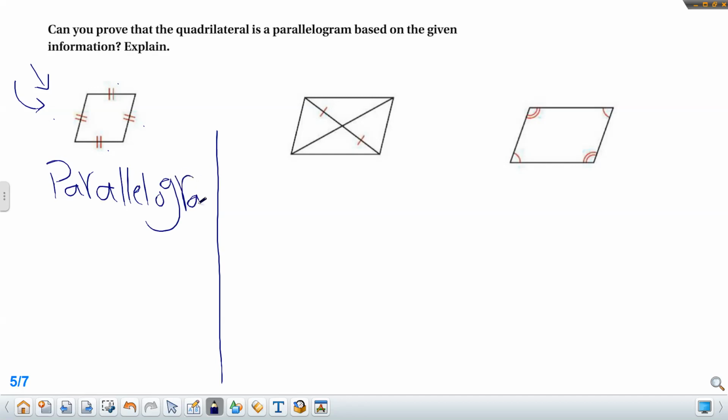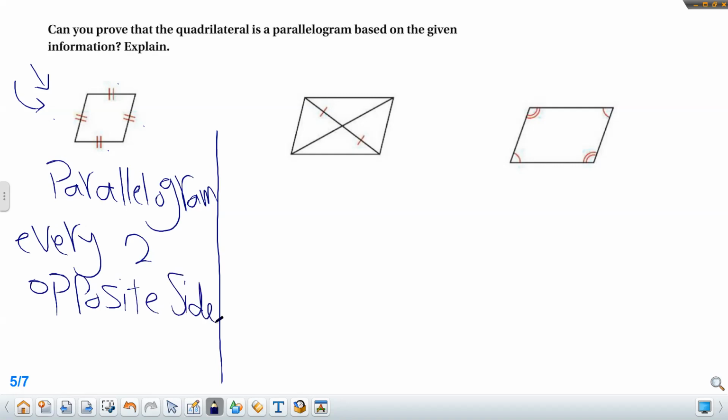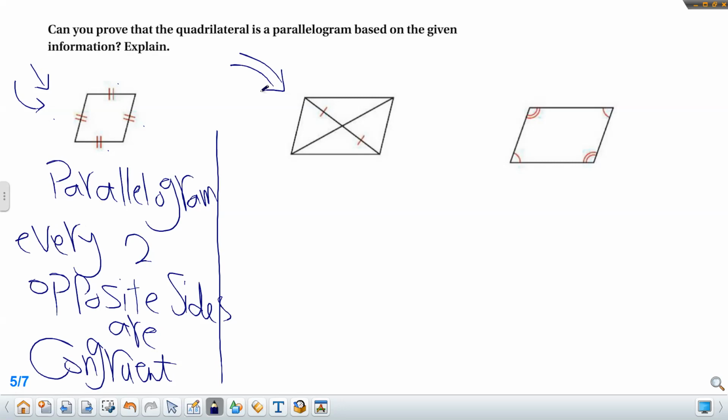But explain why it is a parallelogram. Because each two opposite sides are congruent. This is number one. Number two: what about this figure? What do you have here? I just have this diagonal bisected into two halves.